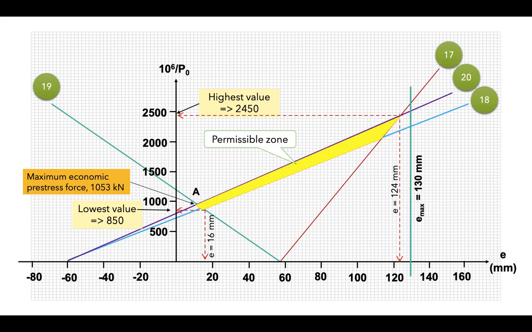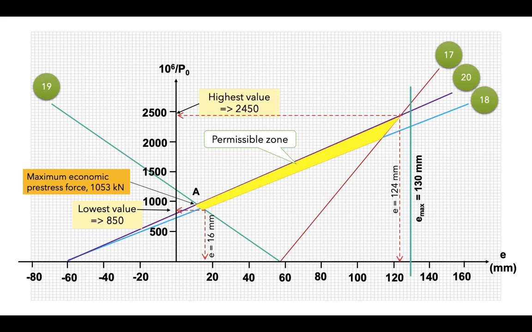As you can see from the Magnel diagram, we are given the range of values for the pre-stress force as well as for the eccentricity. So various eccentricities and pre-stress forces can be used for our section as long as they are within the permissible zone.